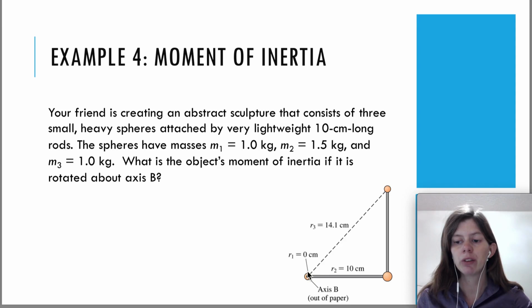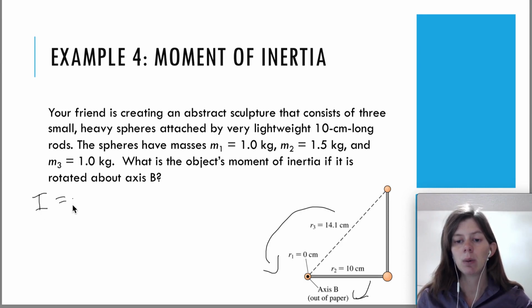So imagine a stick coming out of the paper toward you. And so that means that now the object can either be rotating this way or this way, clockwise or counterclockwise. So you can see that's a very different motion than into or out of the paper like in the previous parts. So we're going to do this one the same way.